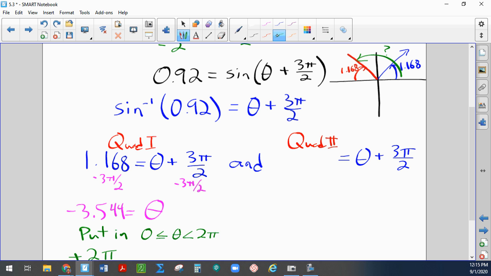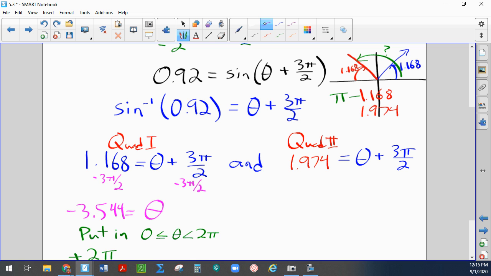So again, I look at it, I know that the entire line over to pi is 180 or pi radians. So pi minus 1.168 is going to give me that value. Pi minus 1.168 is 1.974. So that goes here. 1.974 is my quadrant 2 angle.